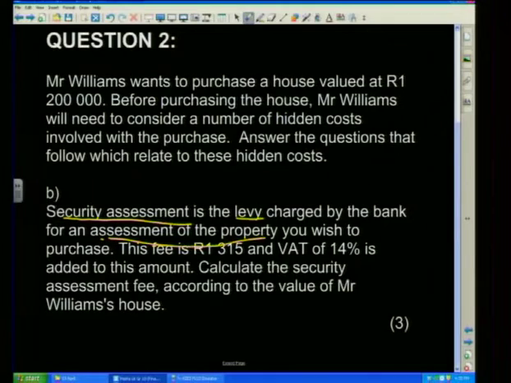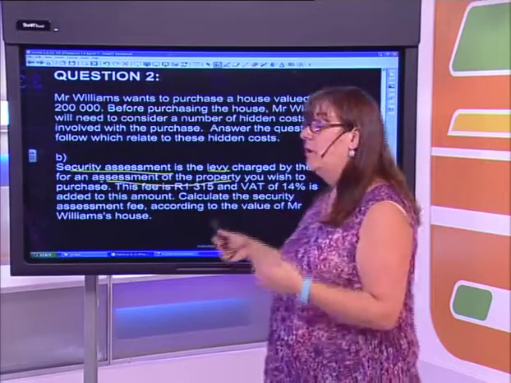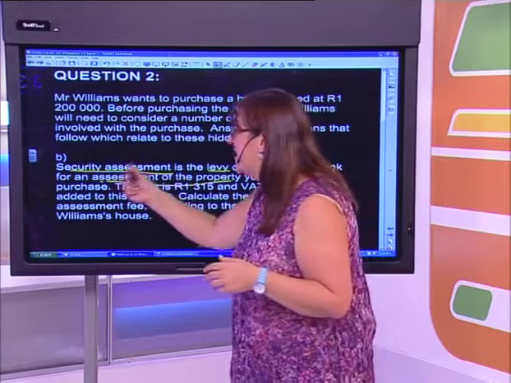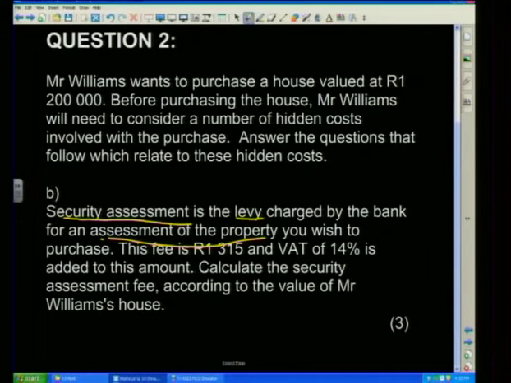Basically, what the bank does before they give you a bond is they go out and check the property and see, is it worth the amount that you're paying? Has it got that amount of value in it? And they will only grant you a bond if it has the correct value. But then, of course, the bank's not going to work for free. So the bank is going to charge you this security assessment.